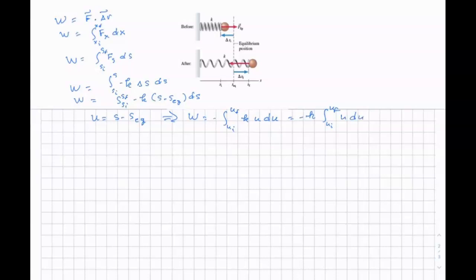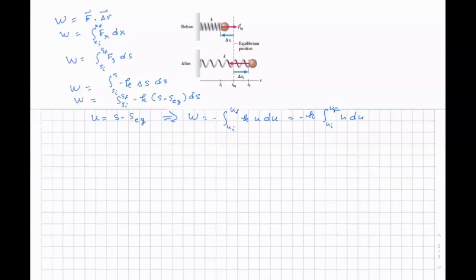Now, for those of you who've already had calculus, you know that the integral of u du is trivial. It's equal to u squared over 2, and then you simply evaluate that between the initial value and the final value of u.